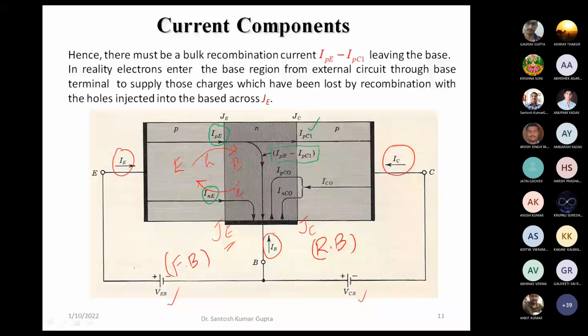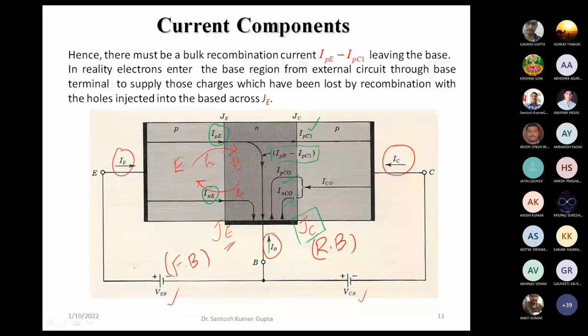At the collector junction, on the other hand, due to thermal agitation, there may be electron-hole pairs generated inside the wide depletion region, and there may be some minority charge carriers from the base and collector which may eventually come in contact with this depletion region and form the currents called IPCO and INCO.